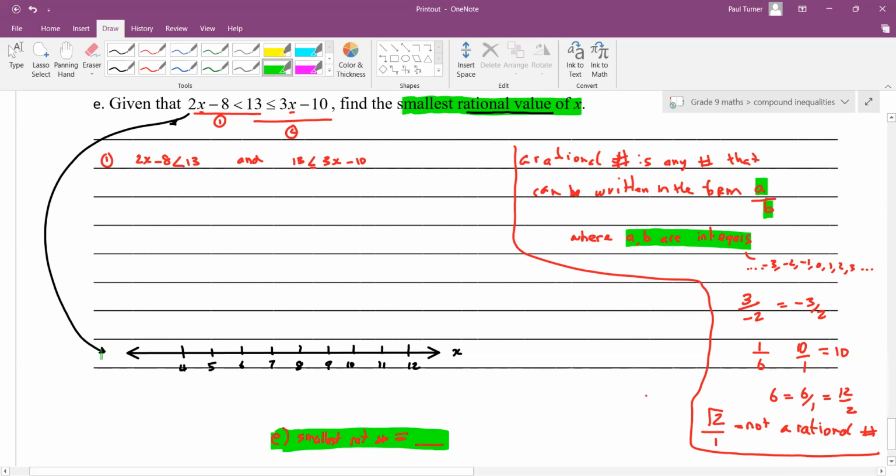Okay, but do your number line first. We need to do this number line first.